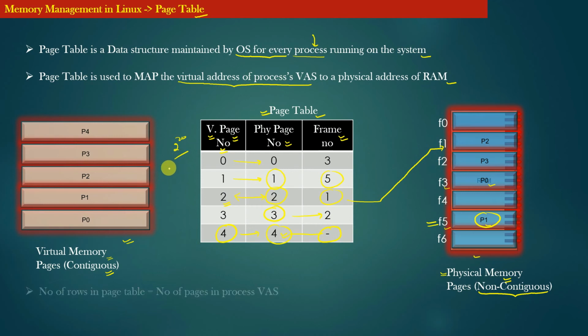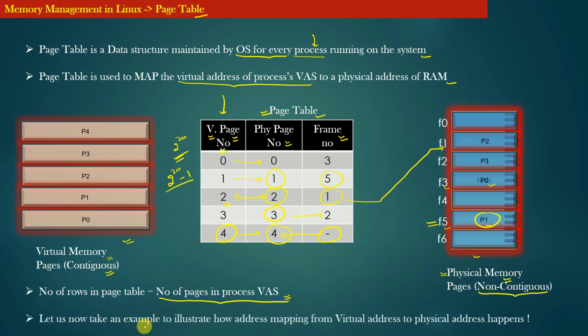So the number of entries in a page table is equal to 2 raised to the power 20 on a 32-bit operating system. This makes sense because the key to the page table is the first column, which is the virtual page number, and the maximum virtual page number is 2 raised to the power 20 minus 1.